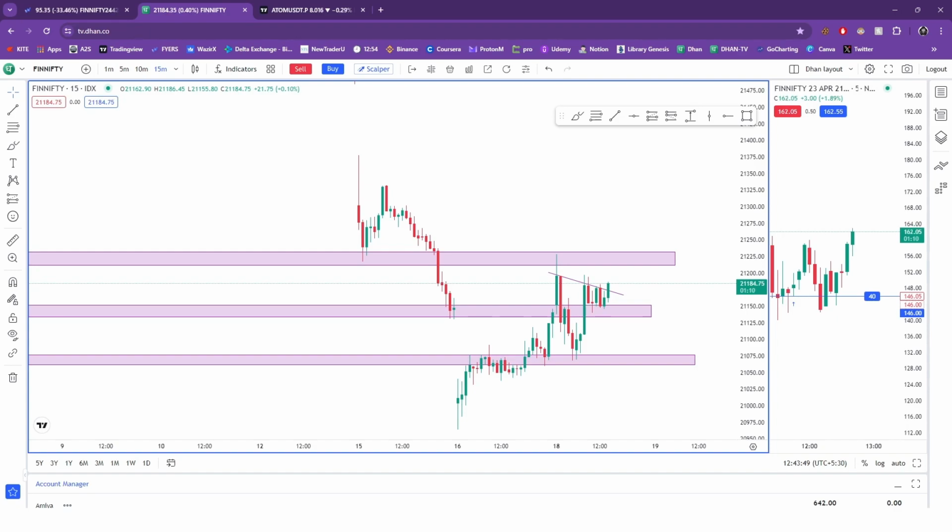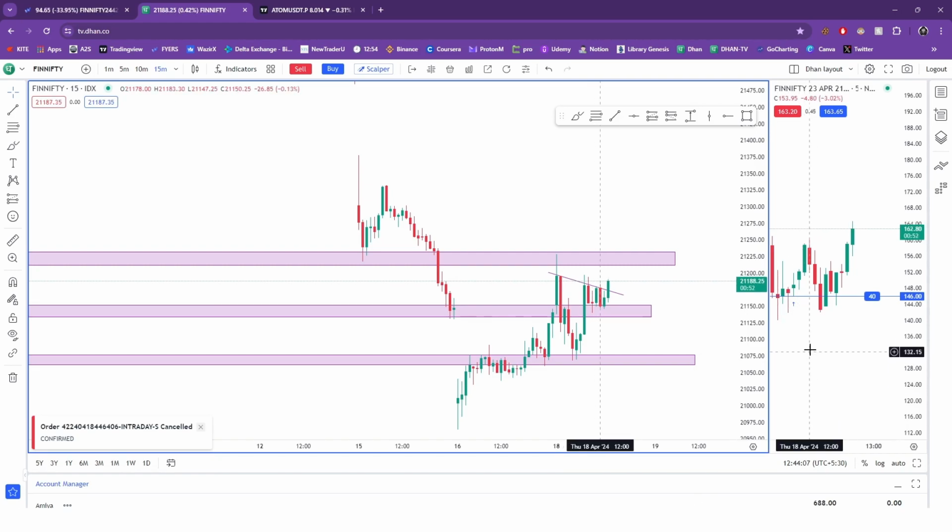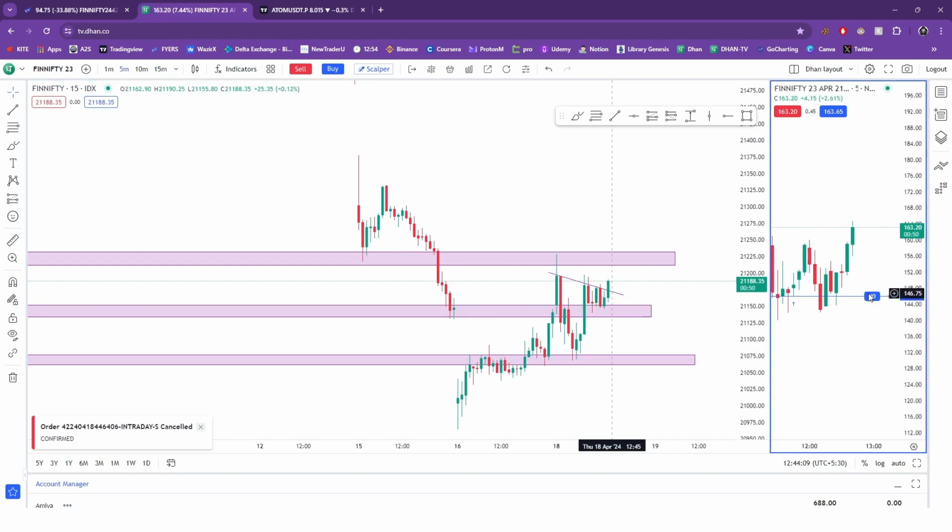Currently I'm getting 650, which is decent profit. Now I'm getting 750. I'm planning to close my position, but still there is some room to be reached. The profit I'm getting is very good. Now I have canceled my stop loss order, so I'm planning to book my profits.